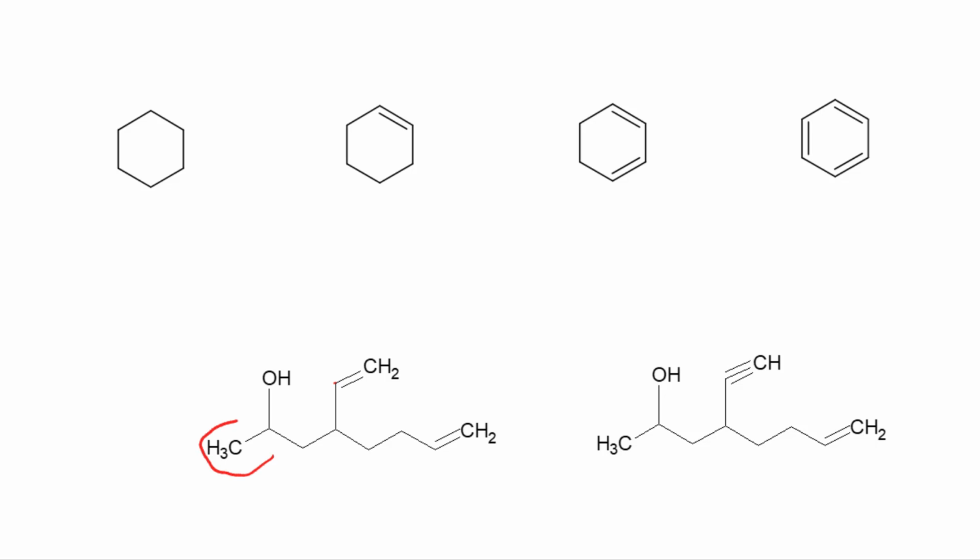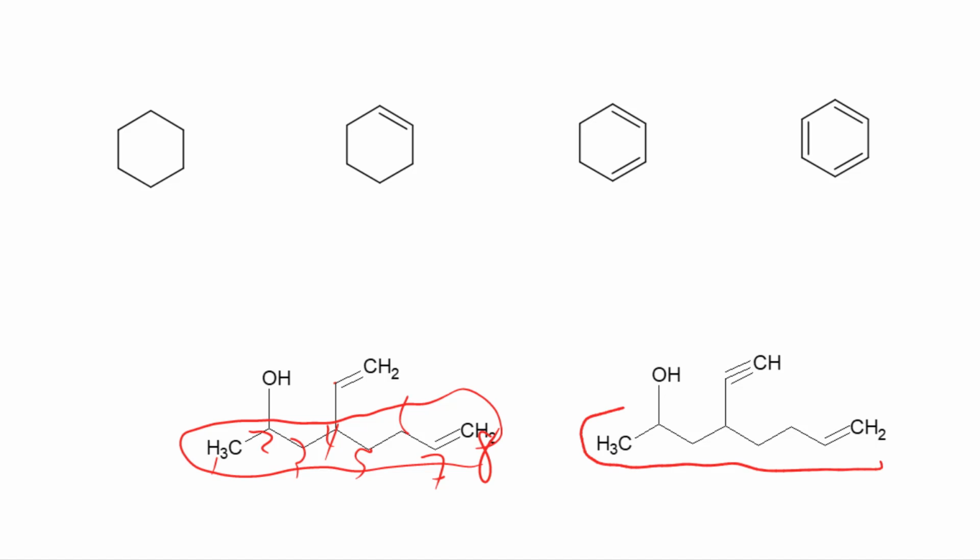If we go across here like this, we only contain 6 carbons. And if we go across the bottom here, we're going to have 1, 2, 3, 4, 5, 6, 7, 8 carbons. Similarly here, if we go straight across, we have 8 carbons in the chain.